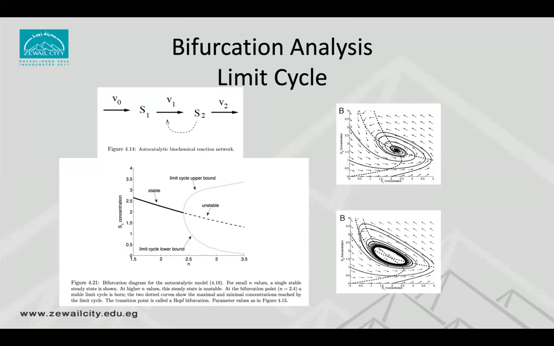And the bifurcation gives us one unstable steady state or a limit cycle. And the limit cycle you see is going from this point to that point. And as we increase the cooperativity, it becomes a larger amplitude oscillation.